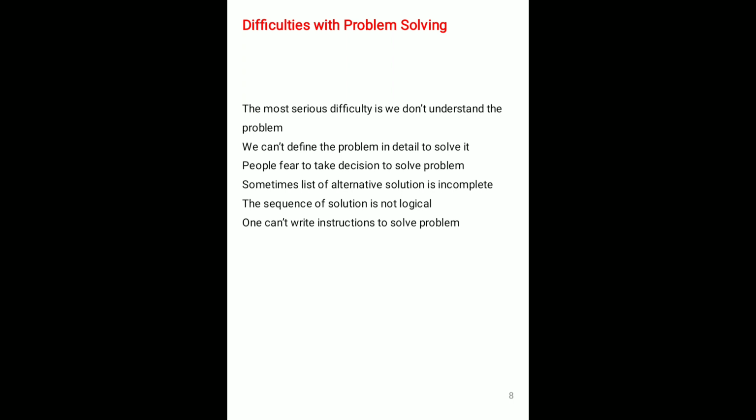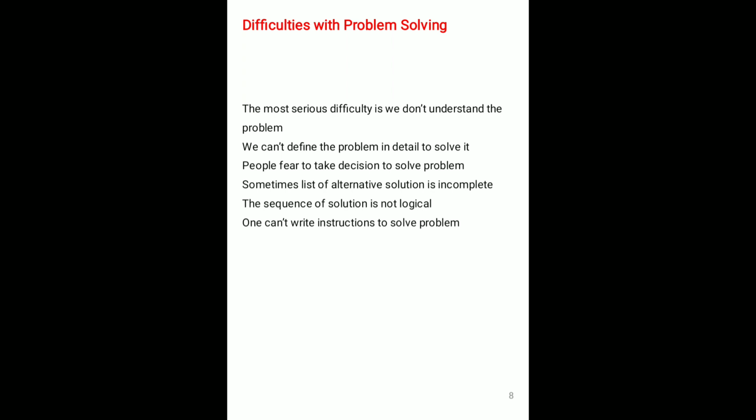And the next difficulty is that sometimes the list of alternative solutions is incomplete. So we may have a list of alternatives, but if the list of alternatives is incomplete, that is also one of the difficulties in problem solving. Next is the sequence of solution is not logical. So here we are giving the sequence of solution for solving the problem. If the solution is illogical, irrelevant, then also it is one of the difficulties in problem solving.